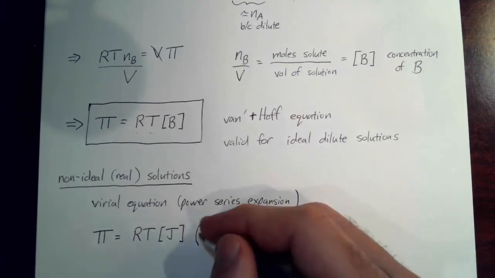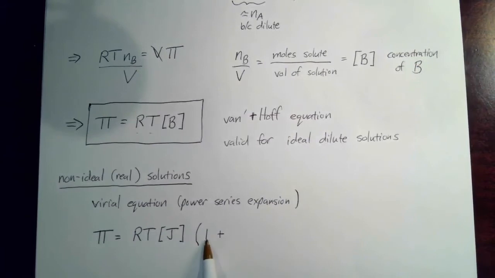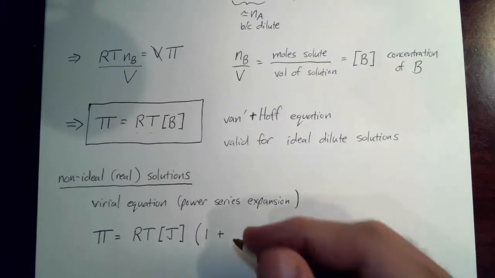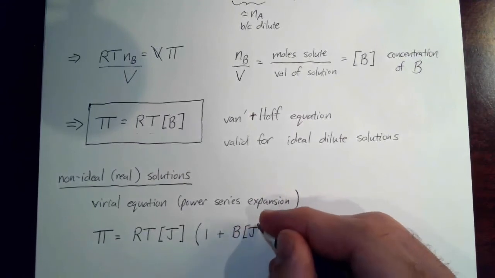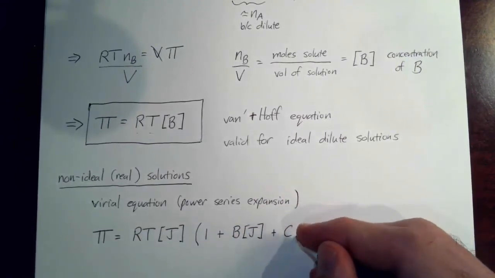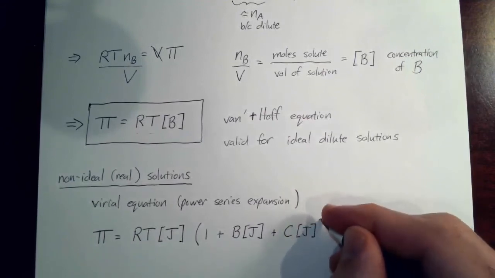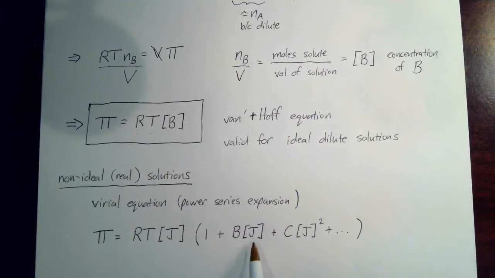And so we're going to multiply this by 1 plus, this is where we put our power series. So the first element in our power series is the concentration to the 0th power plus some coefficient times the concentration to the first power plus some coefficient times the concentration to the second power, and so on. Okay, so this is why we changed the B to a J so we don't confuse it with this B right here.